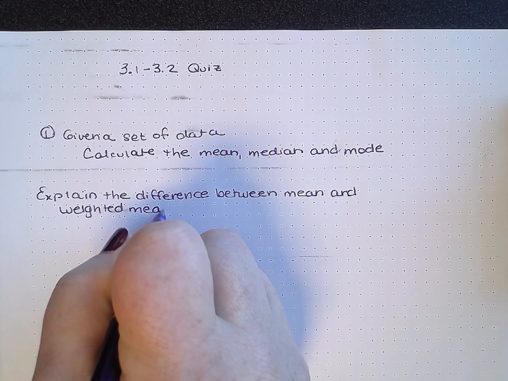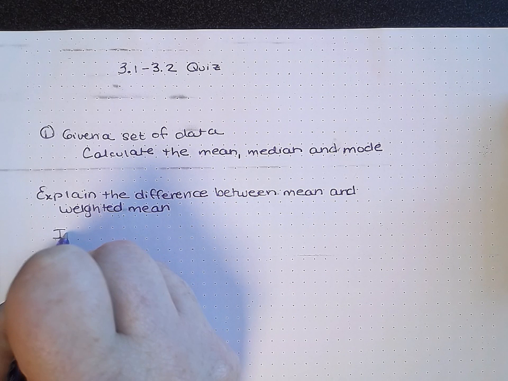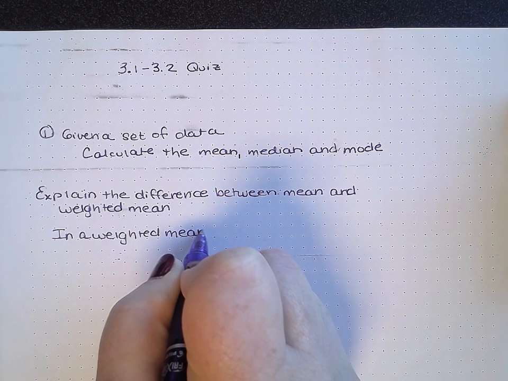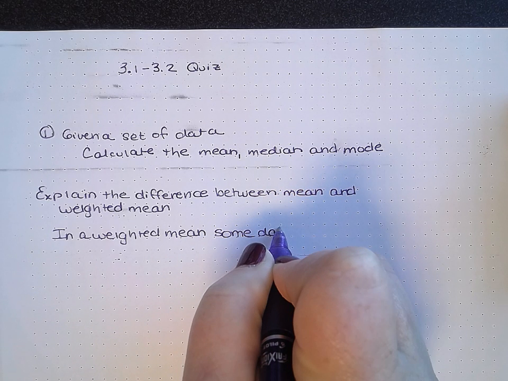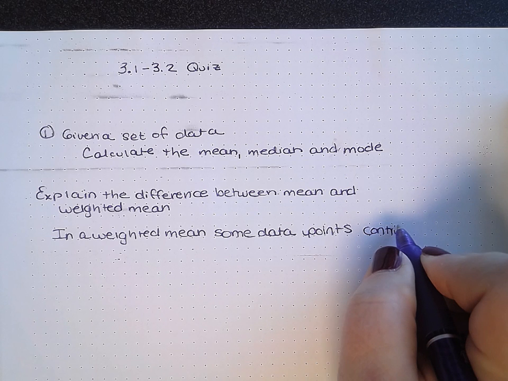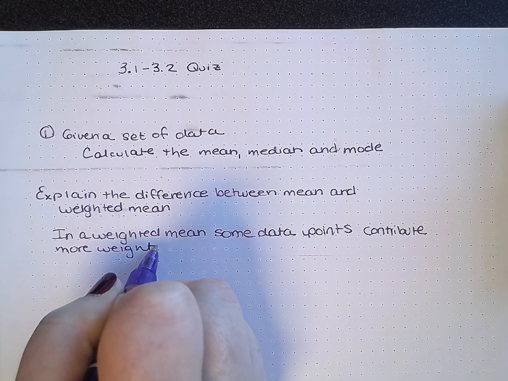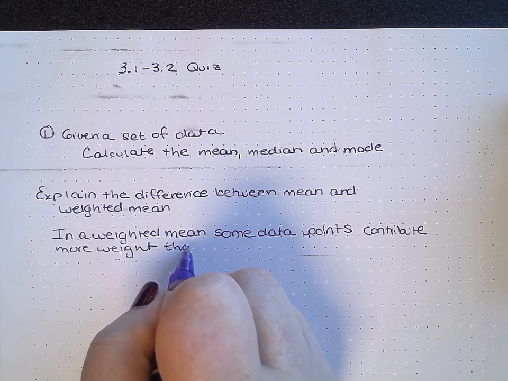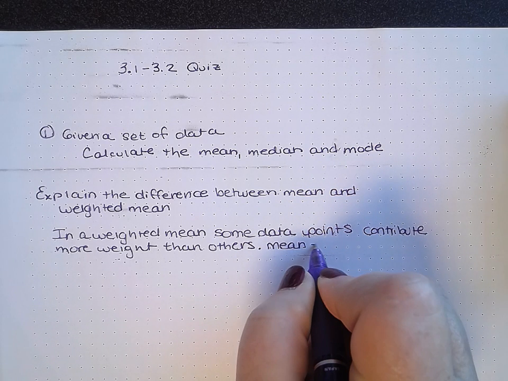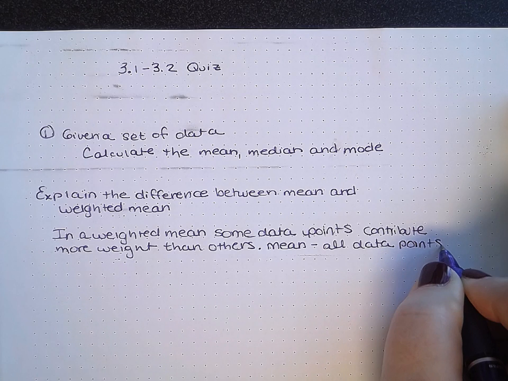Okay, so in a weighted mean, some data points contribute more weight than others. For a regular mean, all data points are weighted equally.